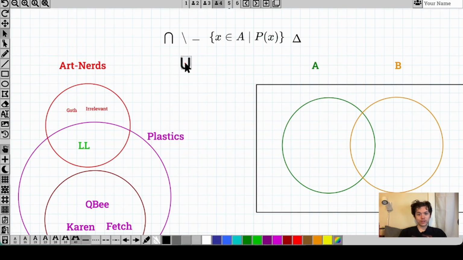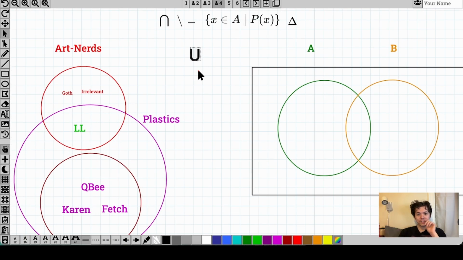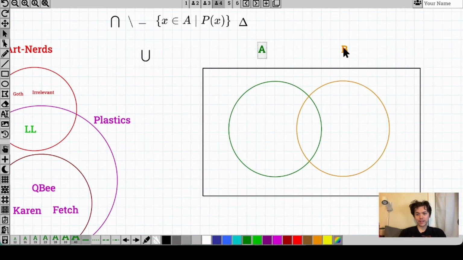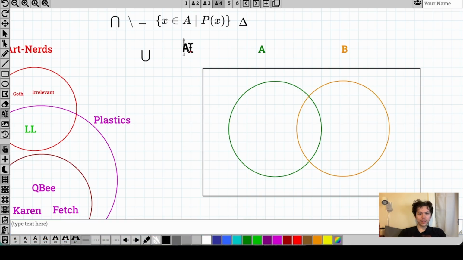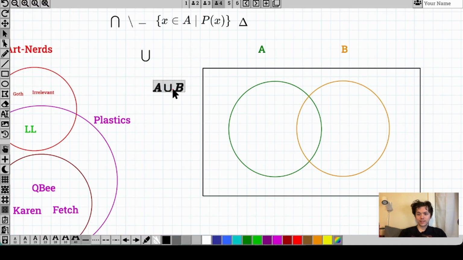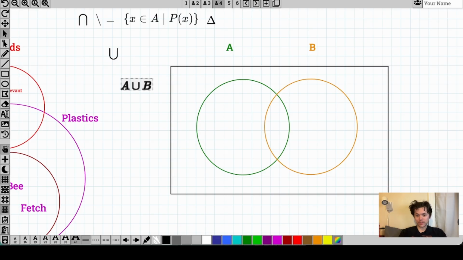So let's start with union, which we represent by big cup. In every example, we're going to use our standard A and B Venn diagram, where here's A and here is B. And if we take A cup B, which represents A union B, this is all the elements in A or in B. And if you want to know which elements those are, it's exactly these elements.